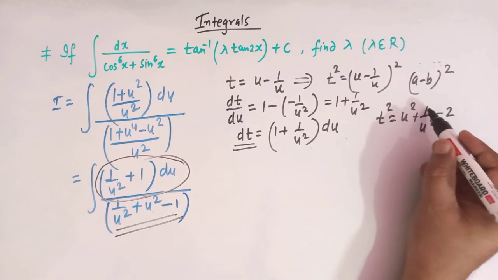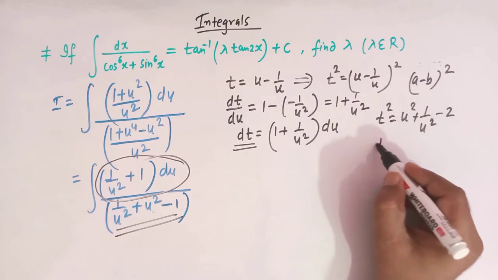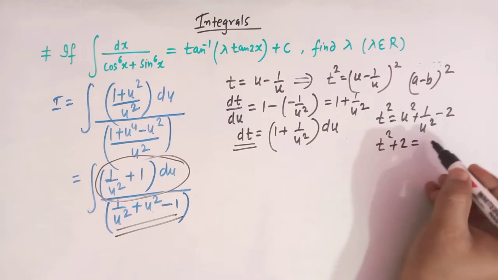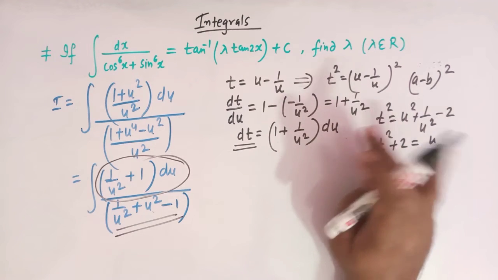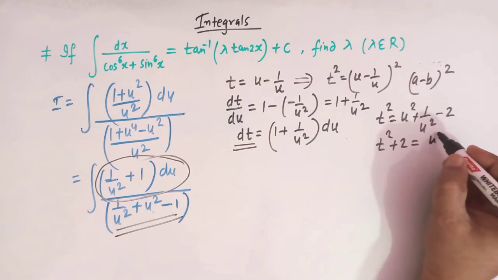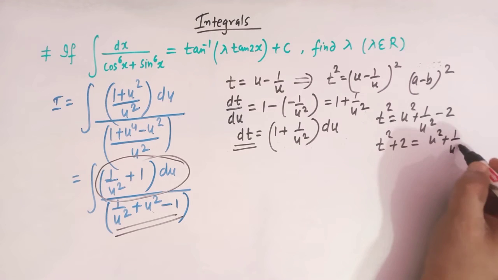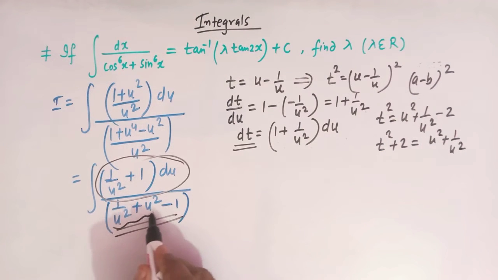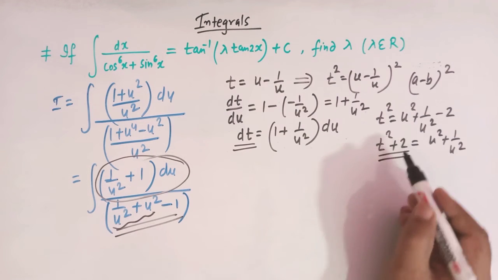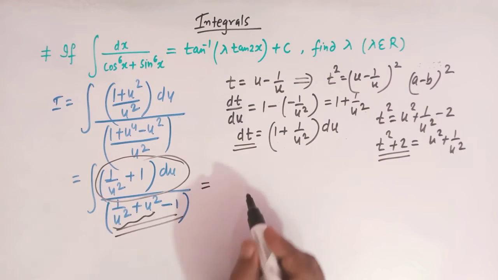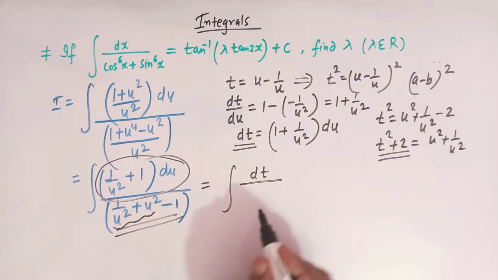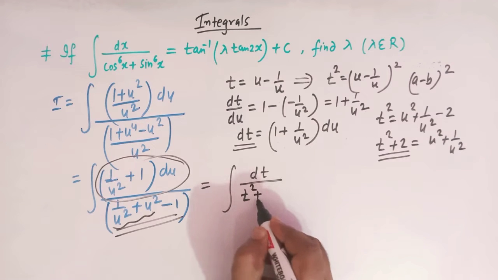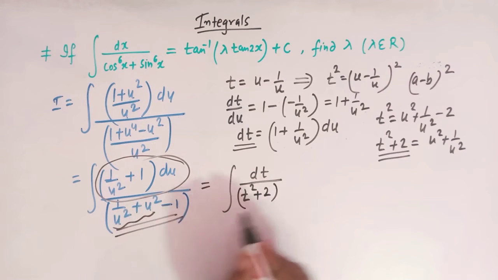And u square plus 1 over u square can be written as t square plus 2, right? So taking this negative 2 to the left hand side, we have u square plus 1 over u square. So for this term, that is 1 over u square plus u square, we can write t square plus 2. So now this integral becomes dt over here we have t square plus 2, and here we have minus 1.